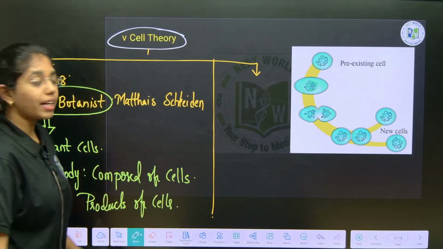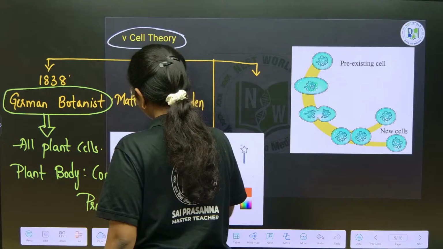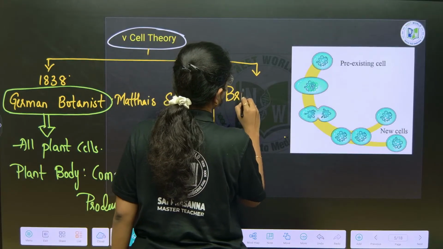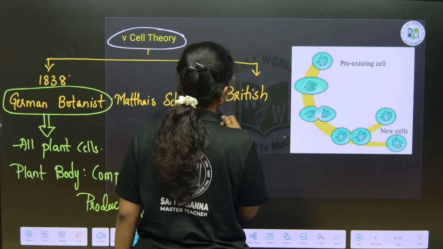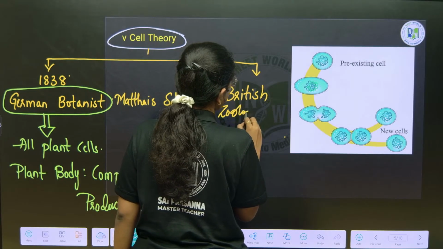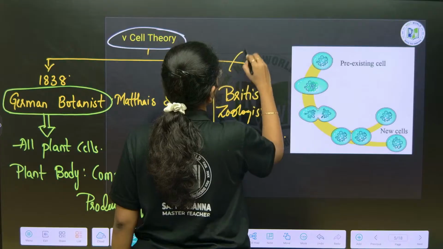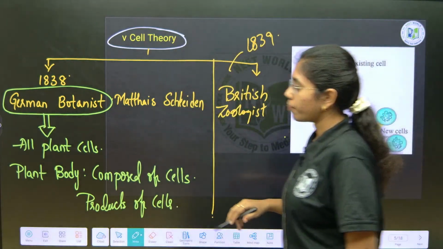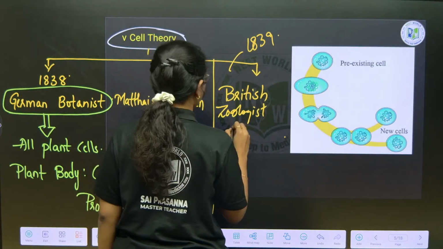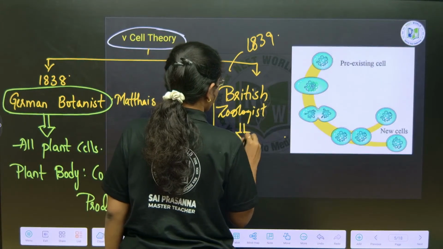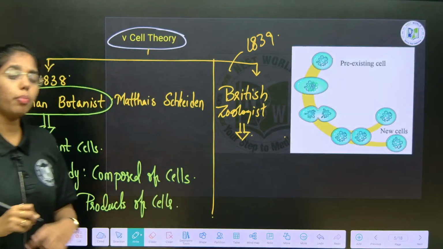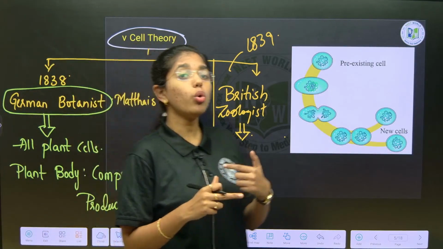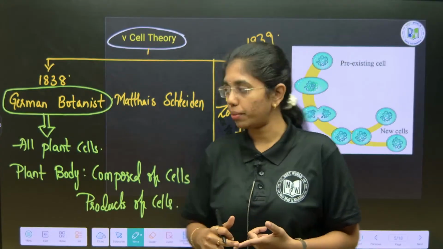Next, it is the scientist who is the British zoologist, in the year 1839. What did he propose? He observed both plant cells and animal cells, and he is the first scientist who spoke about the limiting boundary. The limiting boundary of a plant cell is the cell wall, said by the British zoologist in 1839. Remember this point, it is asked multiple times, even in NEET and EAPCET. Though he is a zoologist, he spoke about the limiting boundary of the plant cell.